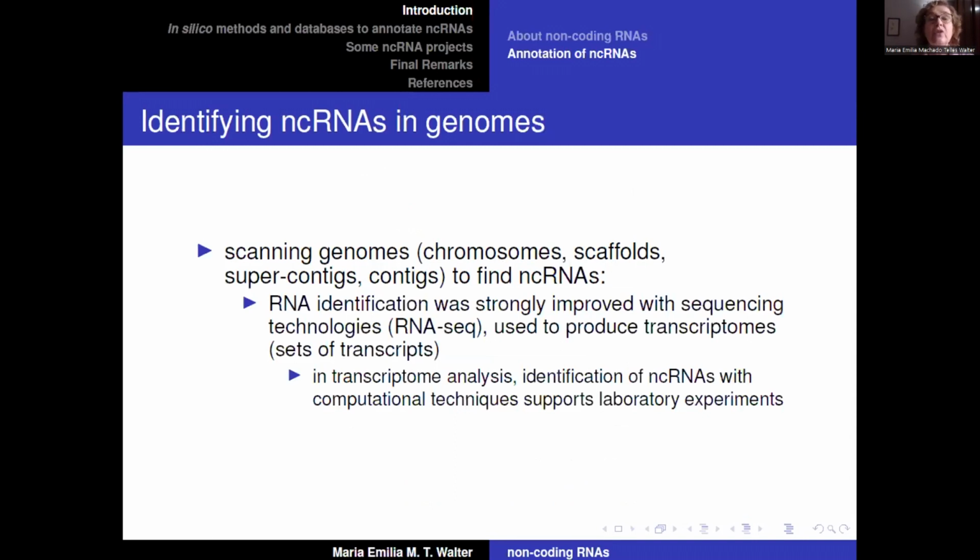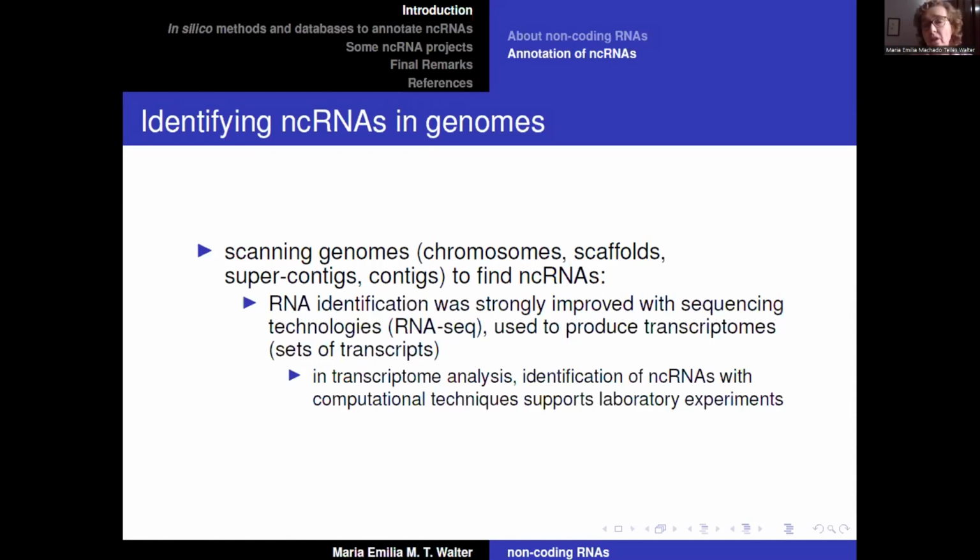In the classification process, we want to identify, or classify, or find the classes of small or long non-coding RNAs. And when we want to identify non-coding RNAs, this means that we scan genomes to find these molecules.